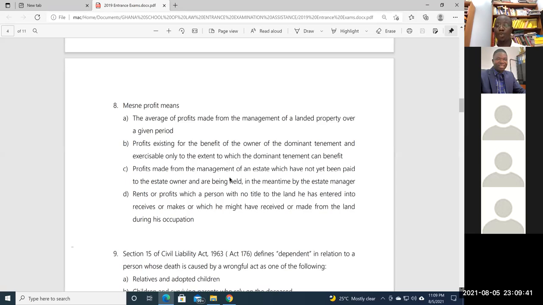So he becomes a statutory tenant, and he has to pay rent, and part of the rent he pays is like the mesne profit.